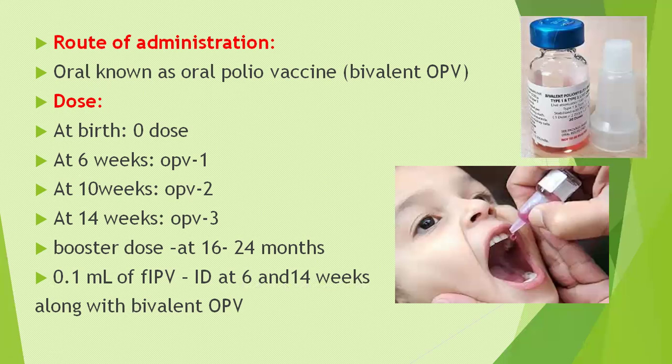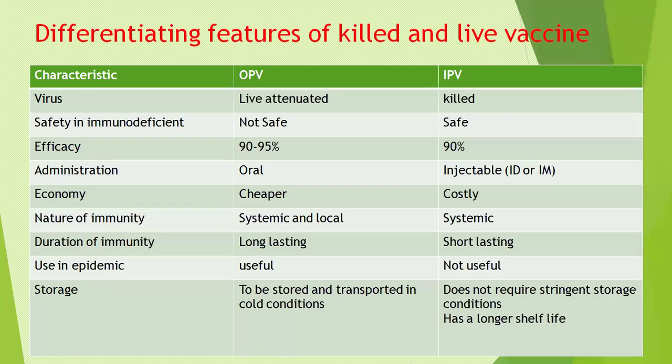These are the differentiating features between the OPV and the IPV. In case of the virus characteristic, OPV is live attenuated, which means the virus is just attenuated and does not have the ability to produce infection.